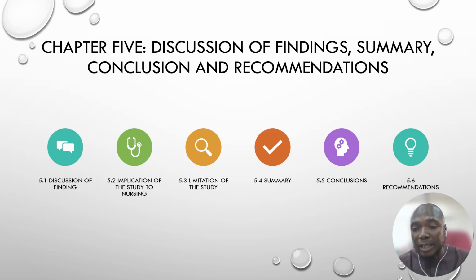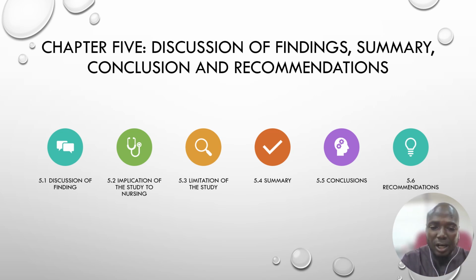This is in line with the finding of so-and-so person, while it's contrary to the finding of so-and-so person. All your discussion, you just bring them there according to your research objectives. Then you say whether your finding is in line with the literature that you reviewed in chapter 2, the empirical review. You now bring it here, then you compare it with your finding.